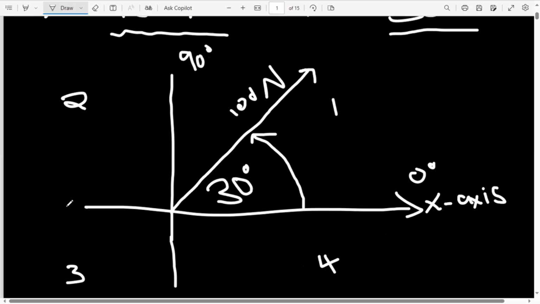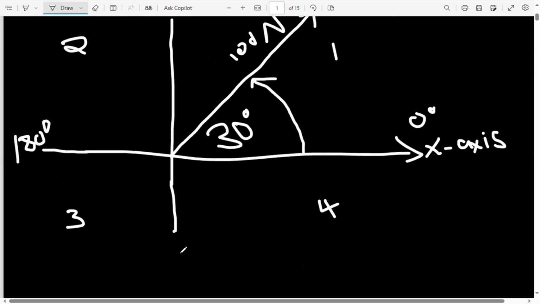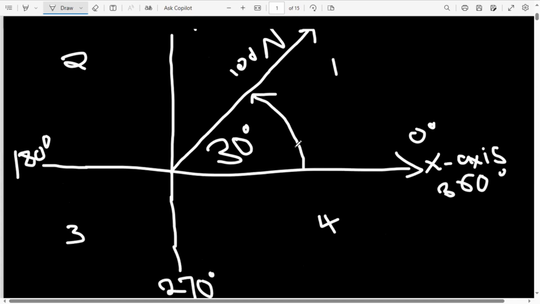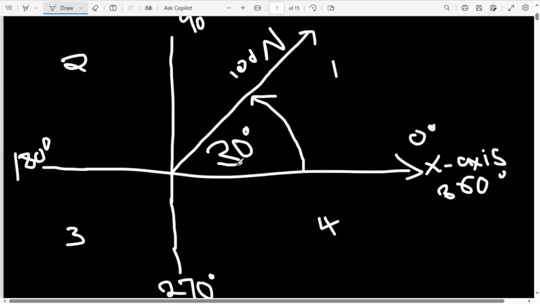And this line here, let me extend it a bit, is the 180 degrees. Then this line down here is 270 degrees. And when we come back here, we find our 360 degrees.